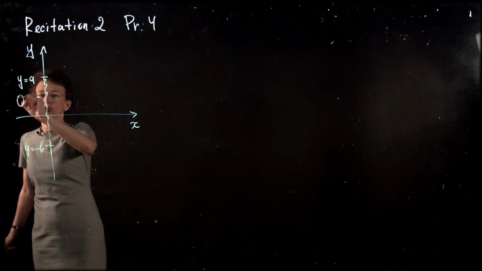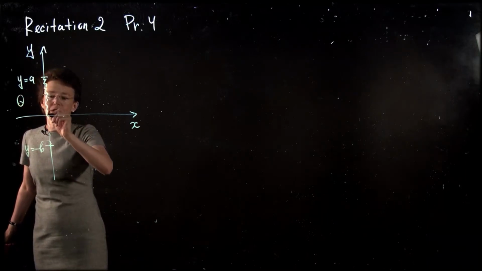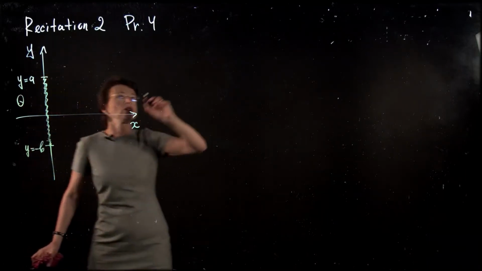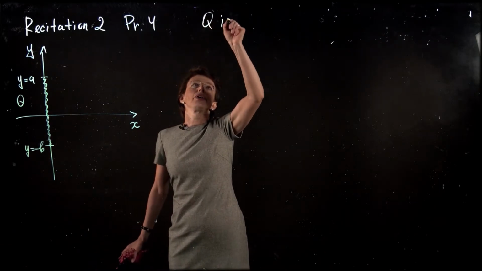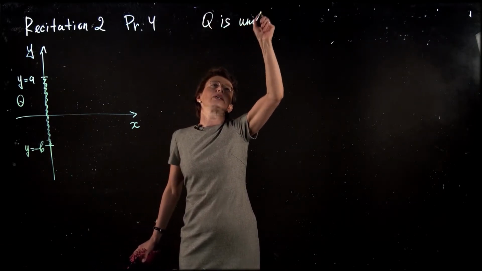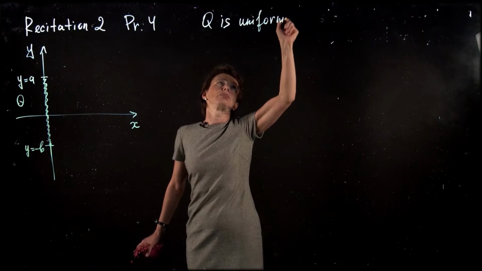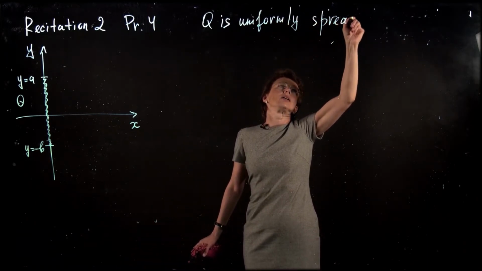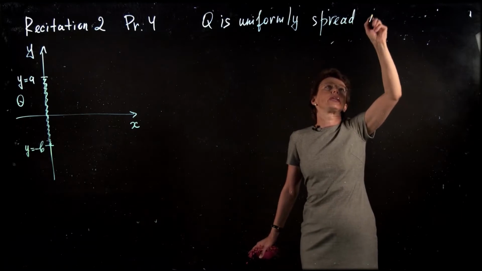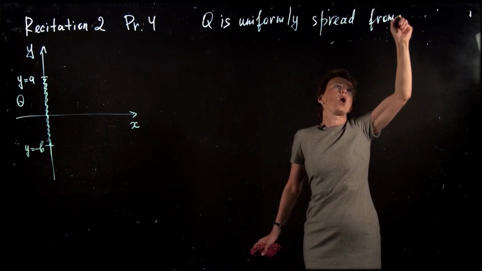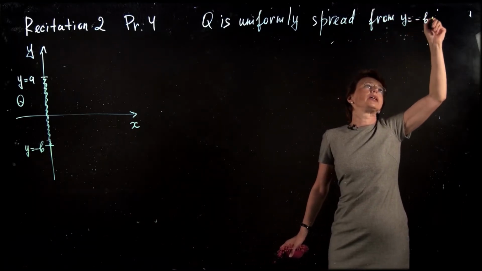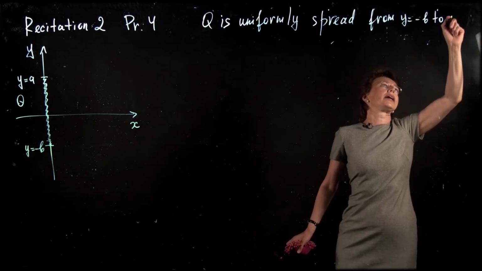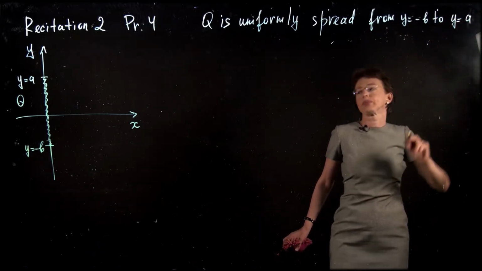Charge Q is uniformly distributed along this line, spread from y equals minus b to y equals a.